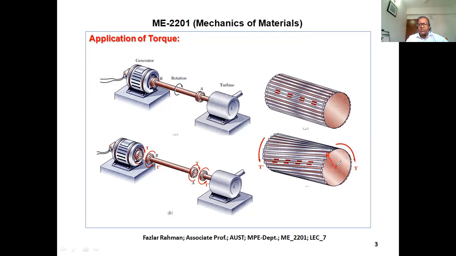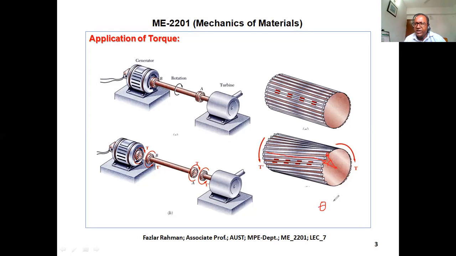So this line will connect with the center, but initially its position was right over here. If I add this line, you see this much material moved by this much angle. Might be 10 degrees, might be 5 degrees, might be 3 degrees from this point to this point. So this is called angular deformation due to the torque.